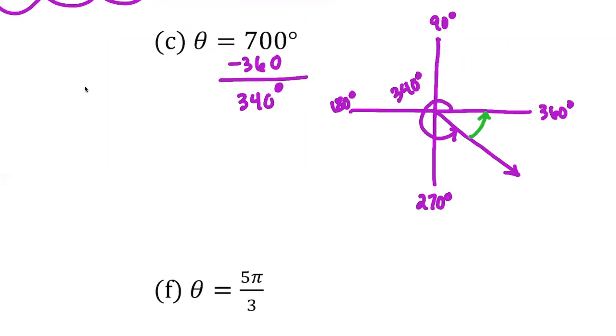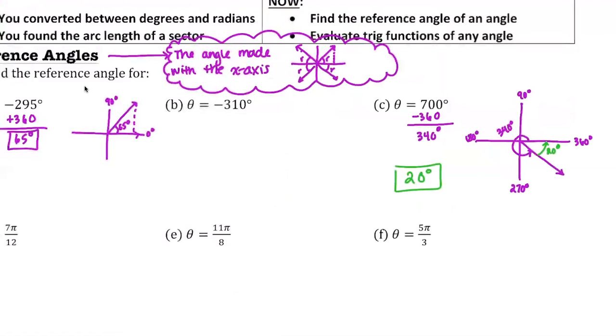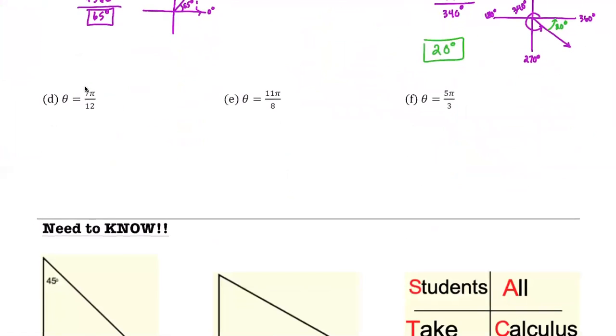So here we have to use something else. If I know that I've gone 340 degrees all the way around, and this angle here would take me to 360, well, 340 is 20 degrees away from 360. So our reference angle would be 20 degrees. It really depends on where the angle is going to fall.